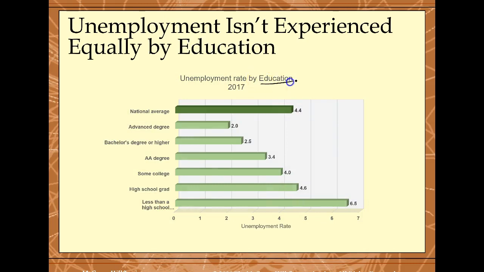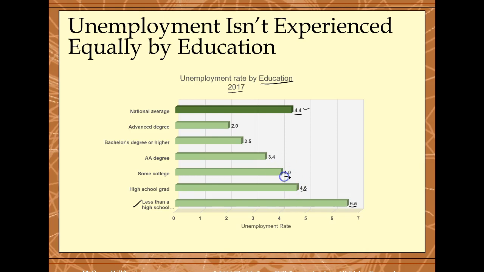What about education? Well, this is a very big difference. This is 2017. The national average for 2017 was 4.4%. Those with less than a high school education had a much higher unemployment rate than the national average, right? But when you get a little more education, a high school diploma, you see the unemployment rate drops.